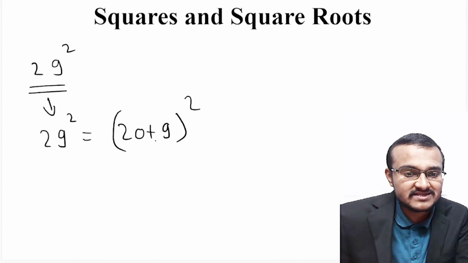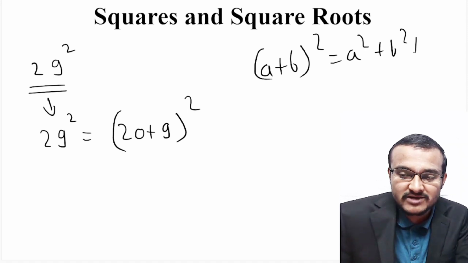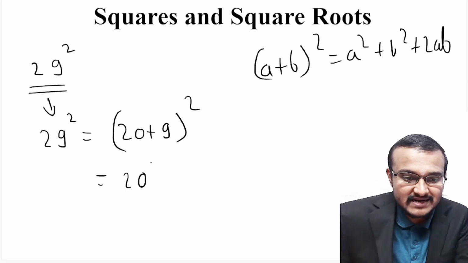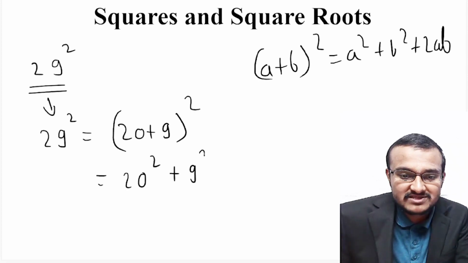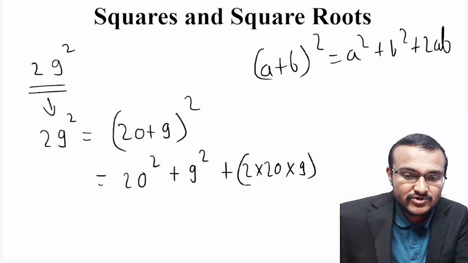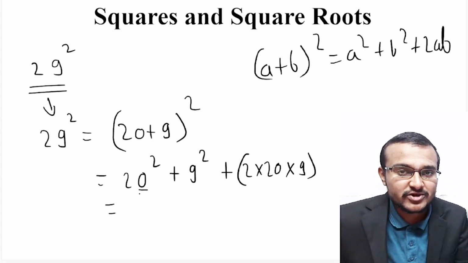Here you can easily see this is in the form of a plus b whole square. So that will be actually equal to a square plus b square plus 2ab. So now you can easily write this particular number as 20 square plus 9 square plus 2ab, which is 2 into 20 into 9. So now you can easily solve this because 20 square has one 0 in it.